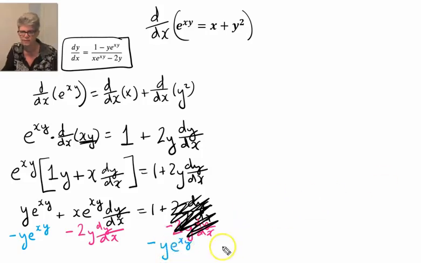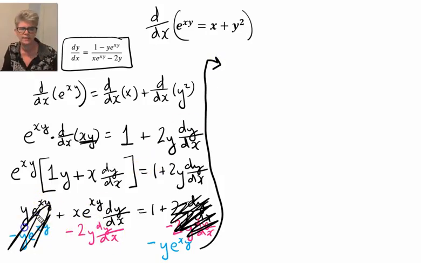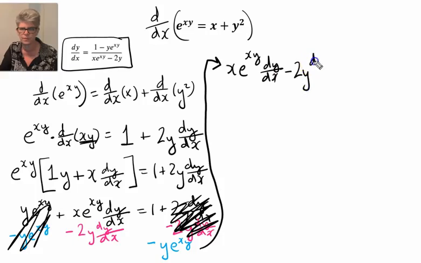Okay, so now over on this side, they will cancel. Over on the left-hand side, I'm now going to have x times e to the xy dy dx, then minus 2y, so what's in red, equals, and then over here I'm going to have 1, and then minus the blue term there.